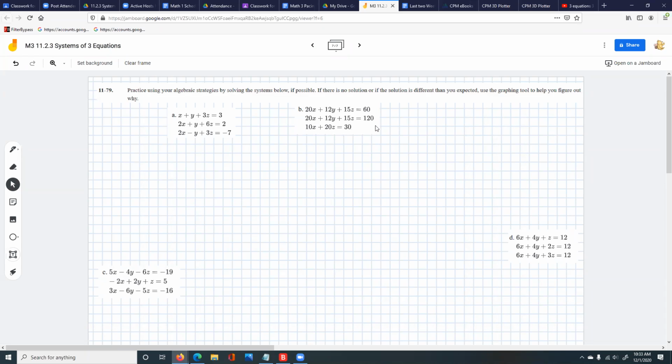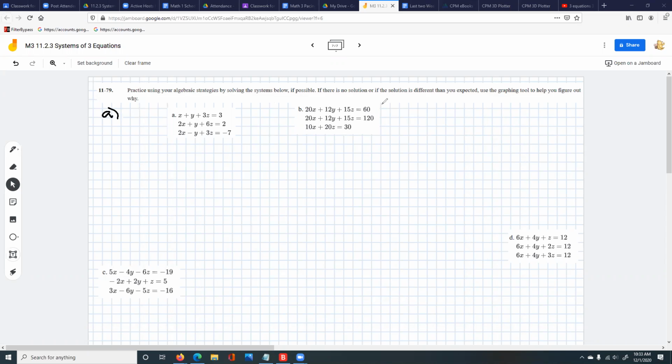Which one will be easier to go away? What's going to happen when we add the first 2 equations together? Look at the first 2 equations. Let's write B down. We'll come back to A, so leave a big chunk of space over here.